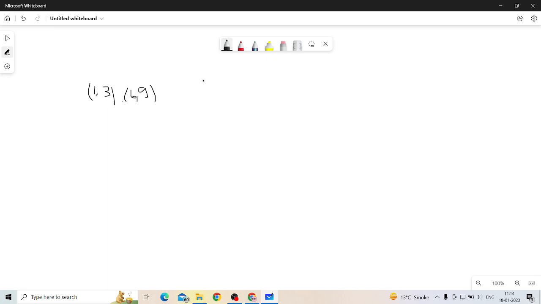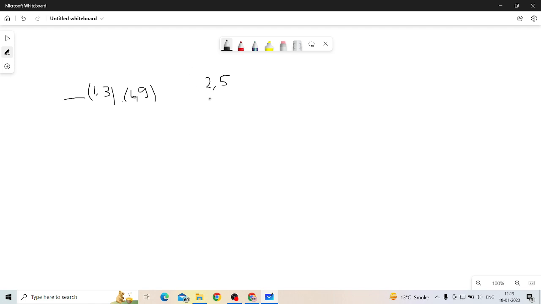Now we have to insert a new interval 2 to 5 in this, such that it should not be overlapped. If we insert 2 to 5 at the 0th position, is it okay?